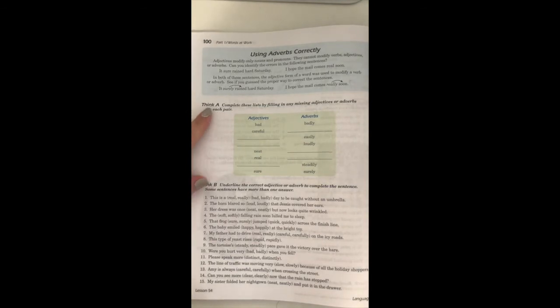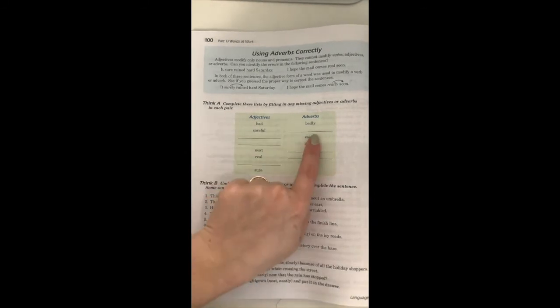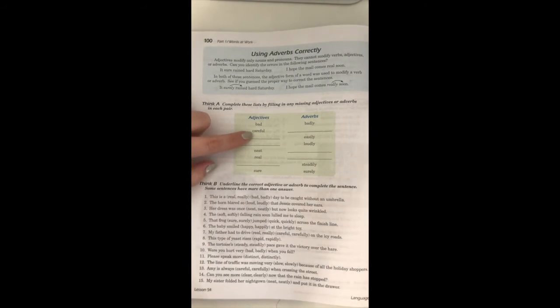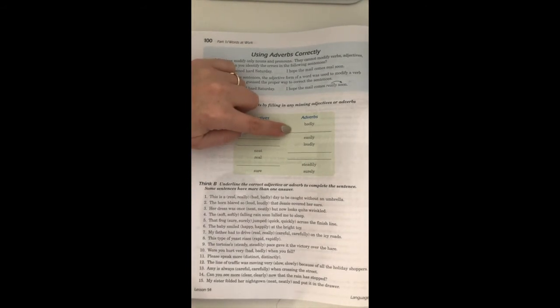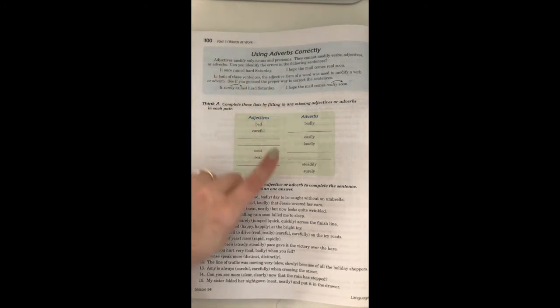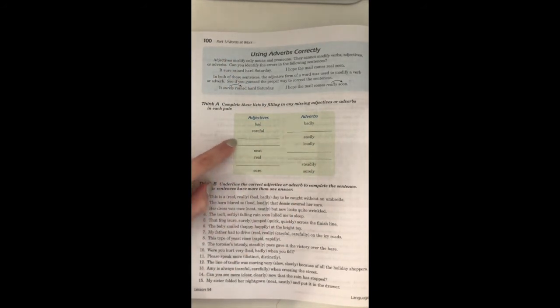Here it says to complete these lists by filling in any missing adjectives or adverbs in each pair. Here we have bad, badly. You would have careful and then carefully. If we have easily here, then what would go here?